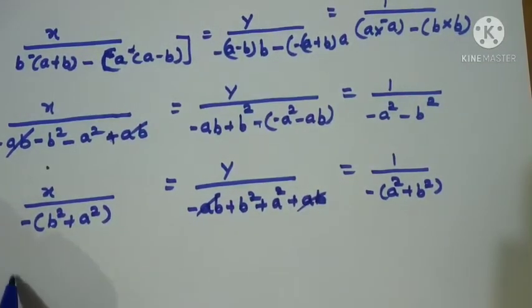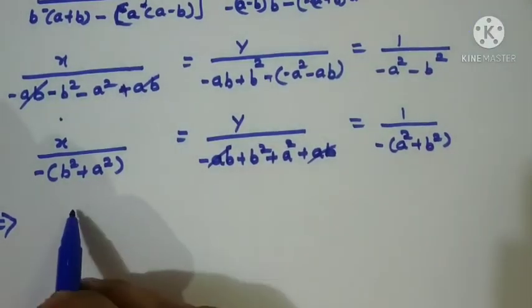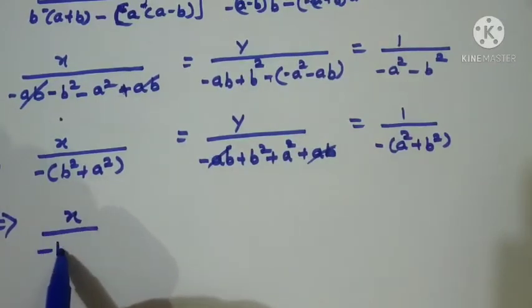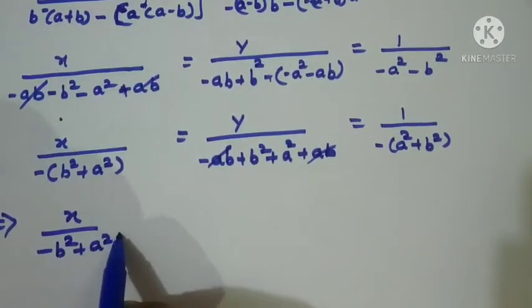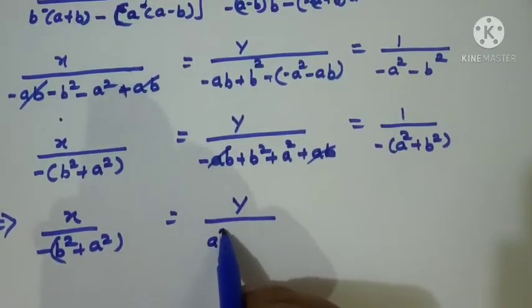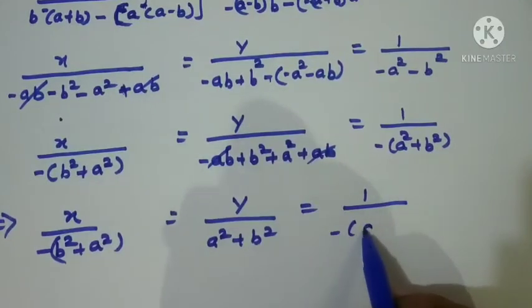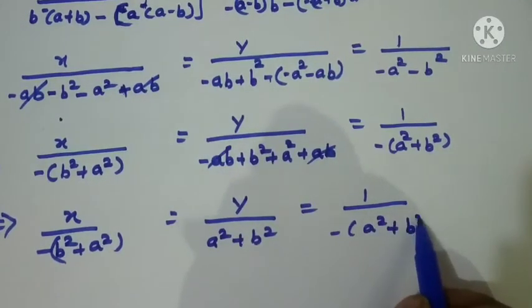Now we are having, implies sign, I am using nothing else, x divided by minus b square plus a square, equal to y divided by a square plus b square, equal to 1 divided by minus of a square plus b square.